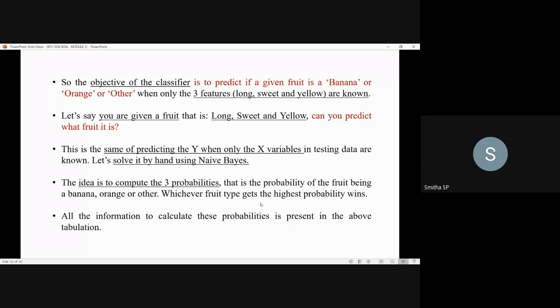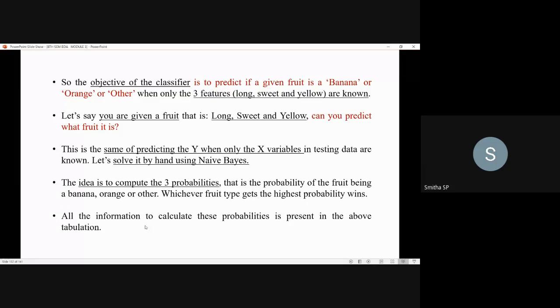Whichever fruit type gets the highest probability wins. By calculating, you will get a value for each probability, and by looking at those values, the higher probability is the exact answer. That is the solution for the problem you are looking into.